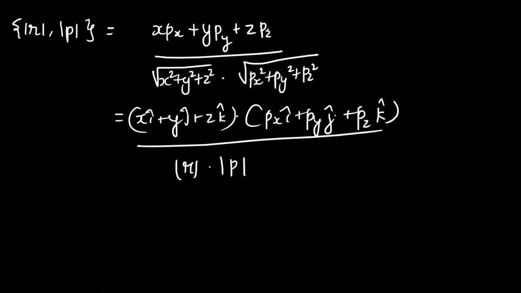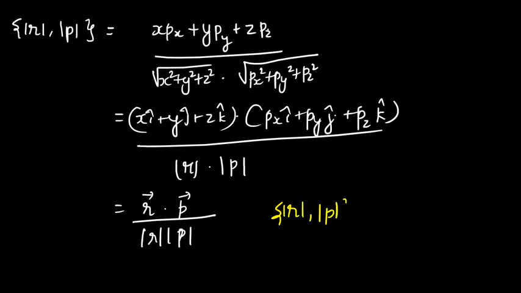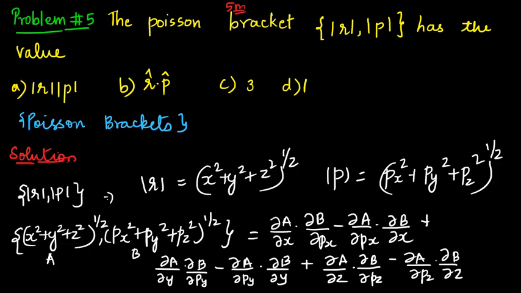So I can write this as r vector and p vector, divided by mod of r and mod of p. So now my Poisson bracket of mod of r and mod of p will be r cap dot p cap. I hope you get this, which is option D.